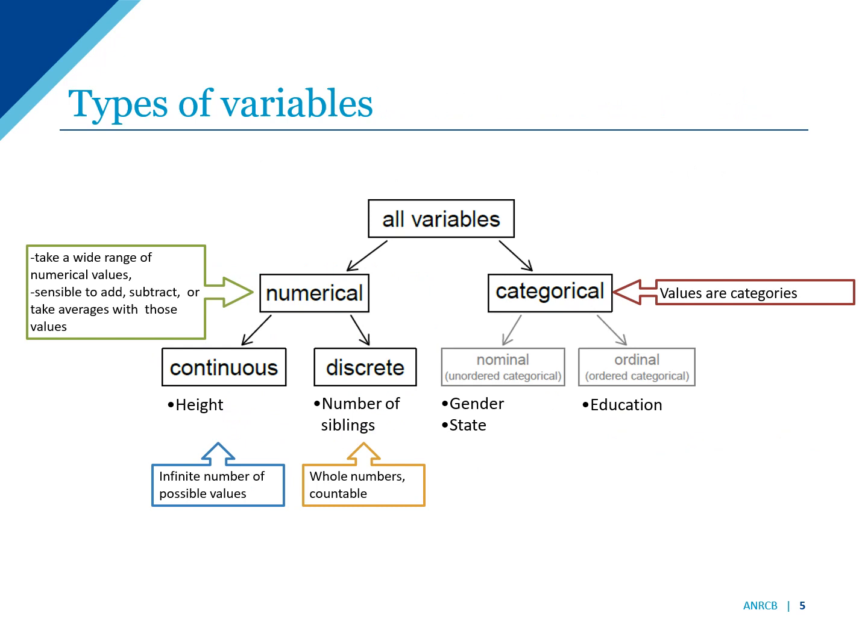There are several types of variables. A variable can be numerical or numeric, which can be broken down into continuous or discrete subtypes. Continuous variables have an infinite number of possible values, while discrete variables are counts or integers. Categorical variables can be broken down into nominal or ordinal subtypes.